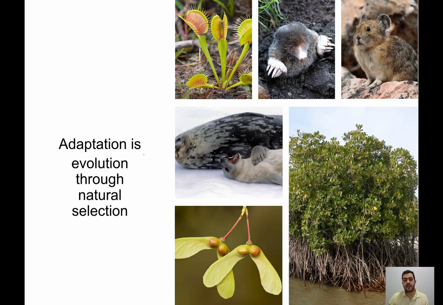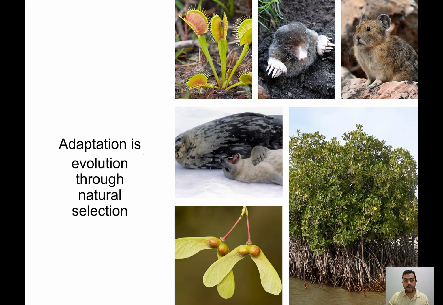So you can imagine that this plant will have higher survival ability in the drought, and this higher survival ability will give it an advantage over the other plant in terms of reproduction. So at the end, this plant is going to be selected, and it will be able to pass its genes to the next generation.